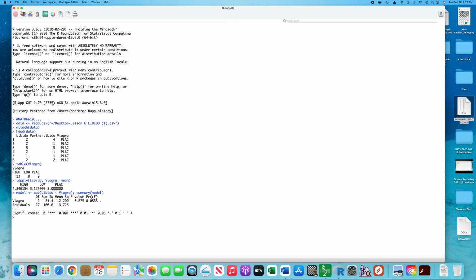A little bit surprising, right? Because I would have thought that the pairwise comparison of placebo to low and placebo to high would have emerged statistically significant, but it doesn't.